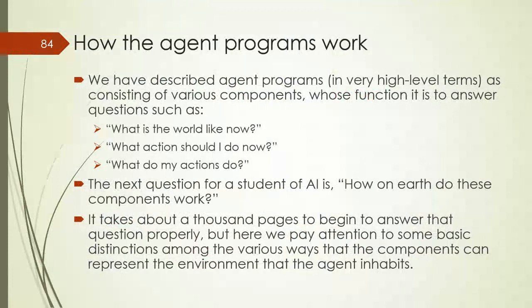Good. So basically, talking about environments, we learned what sort of environments we have. Talking about agents, we learned the basic or fundamental types of agents we can define. But the question is how we implement these agents. How can we make one agent work?